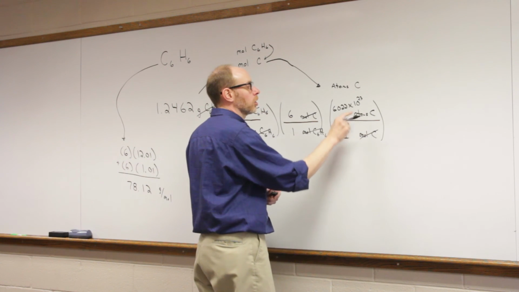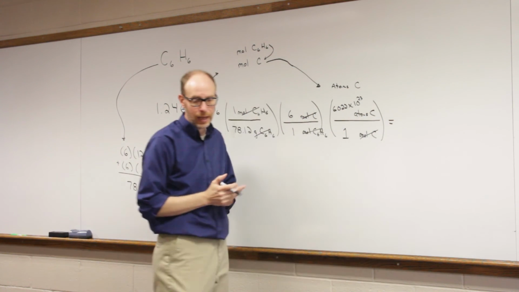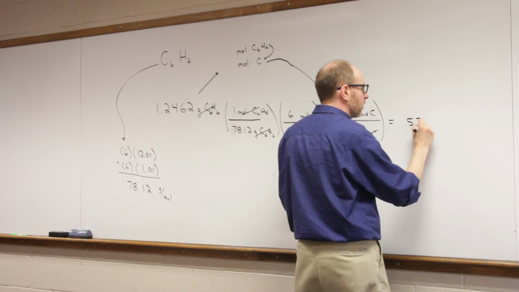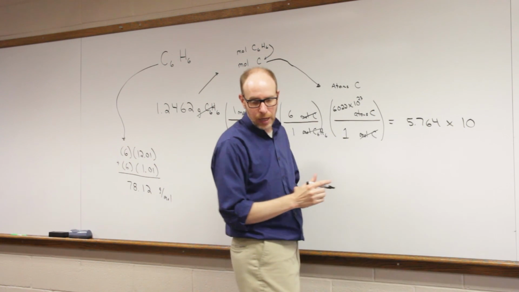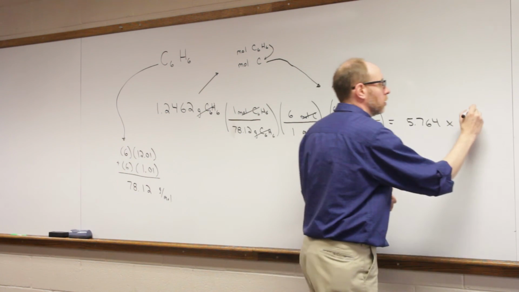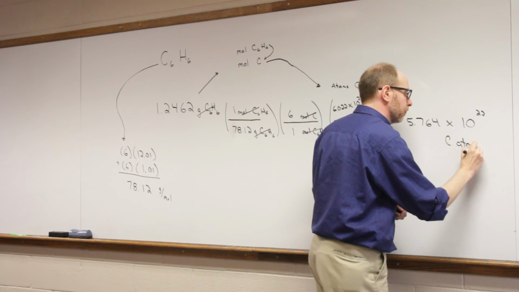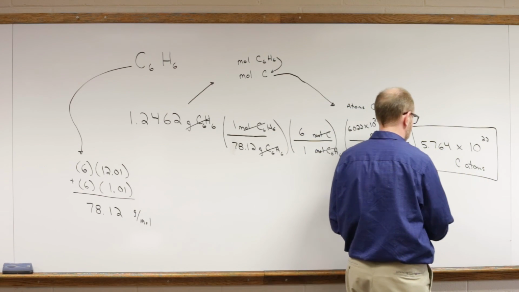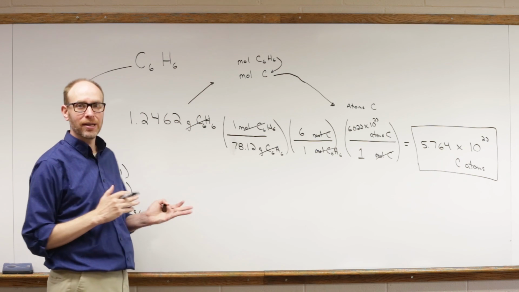So now moles of carbon are gone. I'm left with my atoms of carbon, which is what I wanted to end up with, and I should get 5.764 times 10 to the 22nd carbon atoms. You might say to yourself, does this answer make any sense whatsoever?